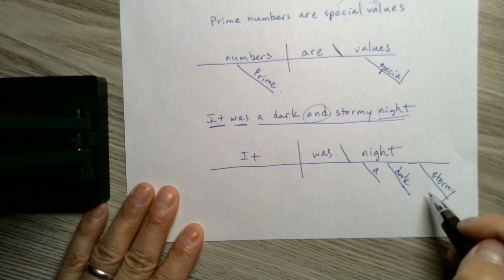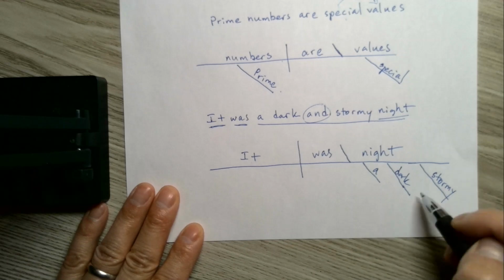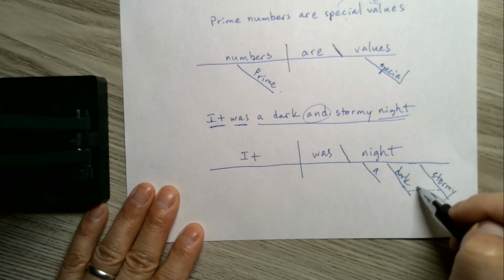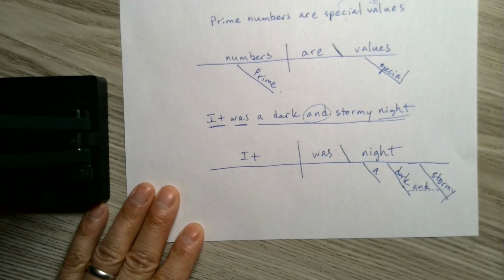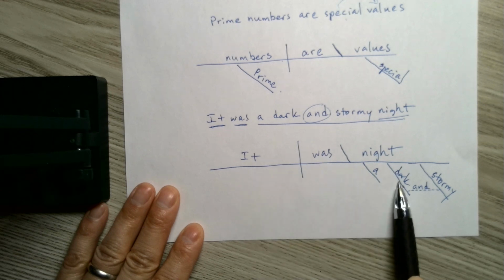And when we have a conjunction connecting two equivalent words, in this case two adjectives, we may use a dotted line to connect those lines that have the two adjectives and just simply write the word and there. And now the sentence is complete. It was a dark and stormy night.